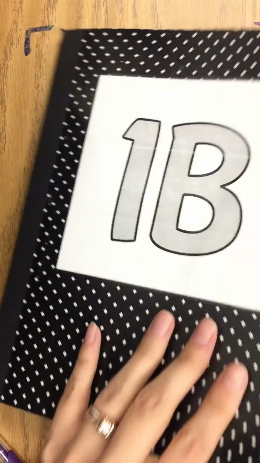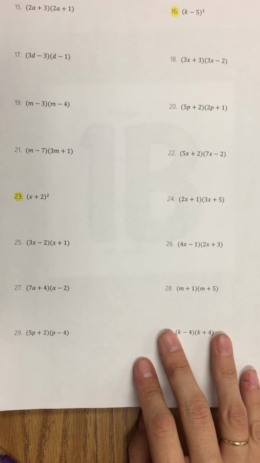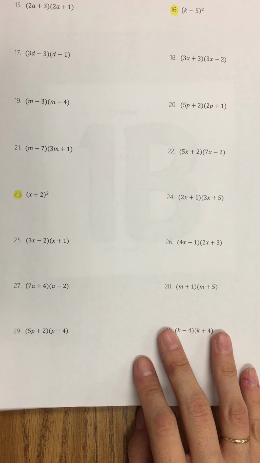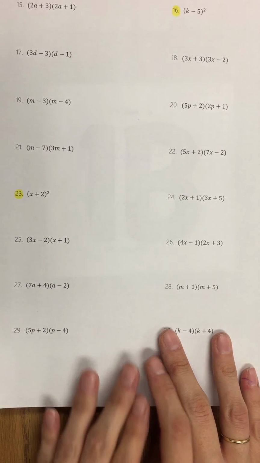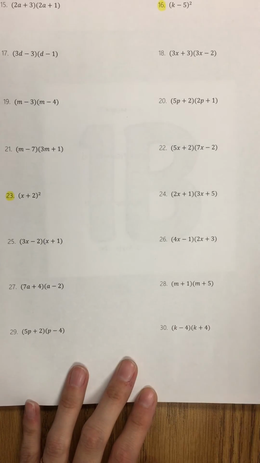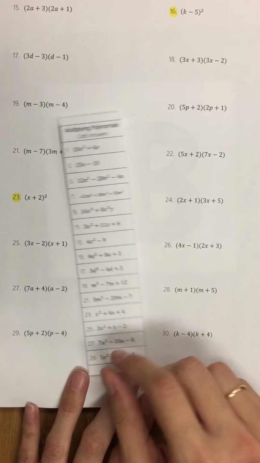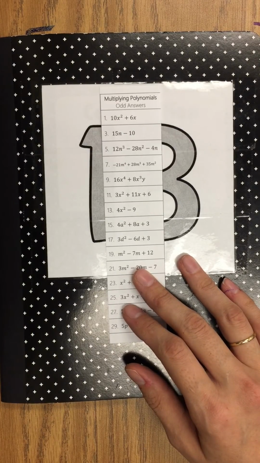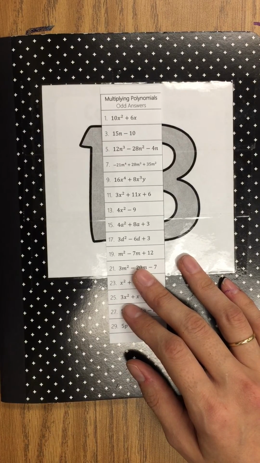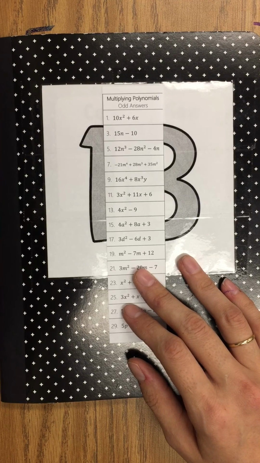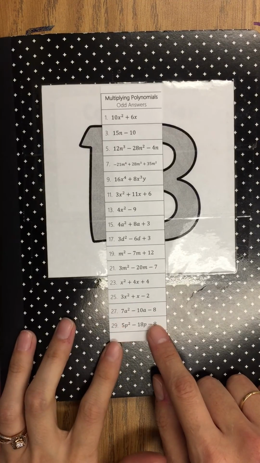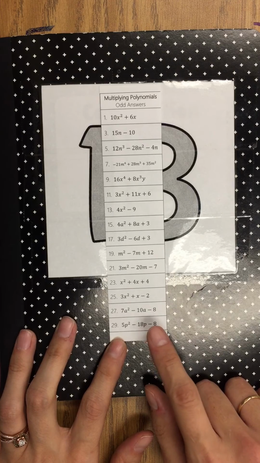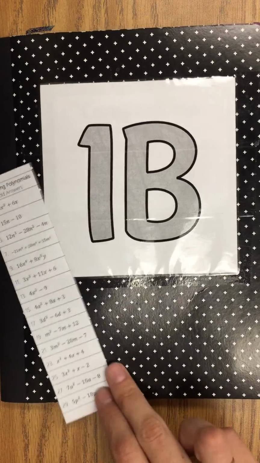The other thing is, once you get this done, because I think a fair amount of you will get it done, or if it's getting close to the end of the period, I want you to get the key from the sub. So hopefully he doesn't give this to you until you guys show him that you're done or that it's getting toward the end of the period. I have given you the answers to the odd problems on this homework that I just showed you.